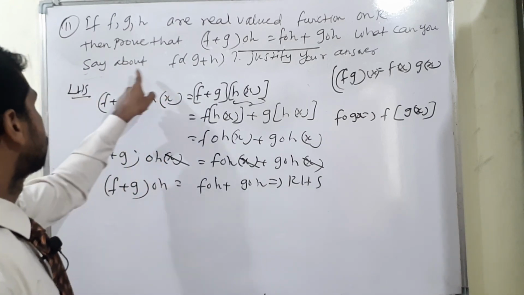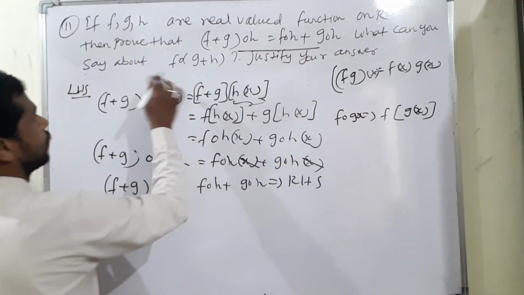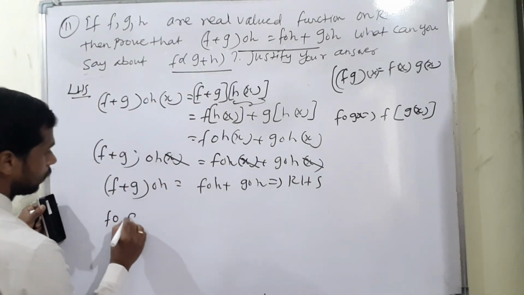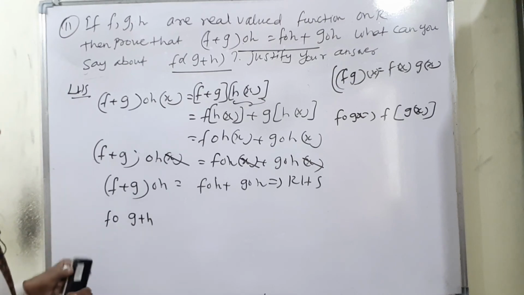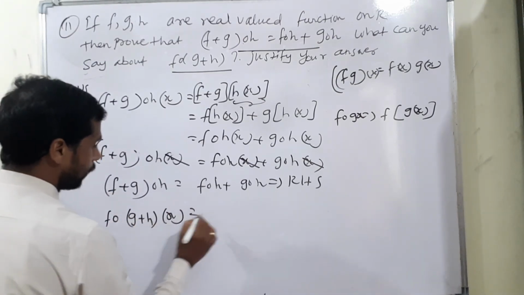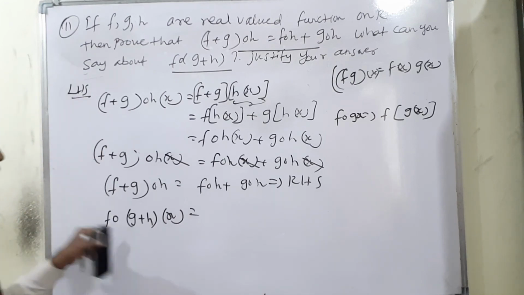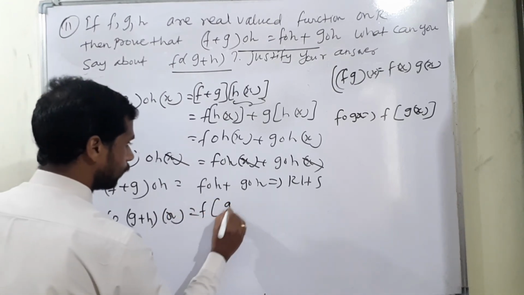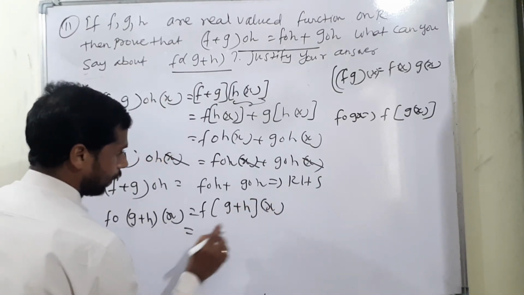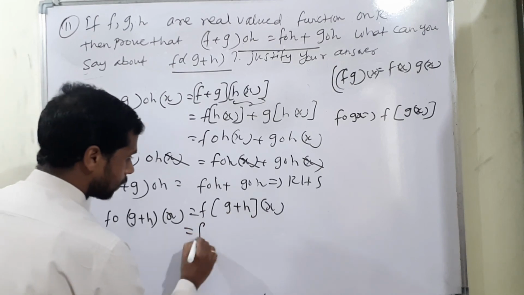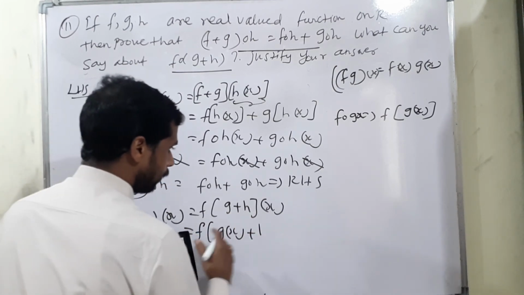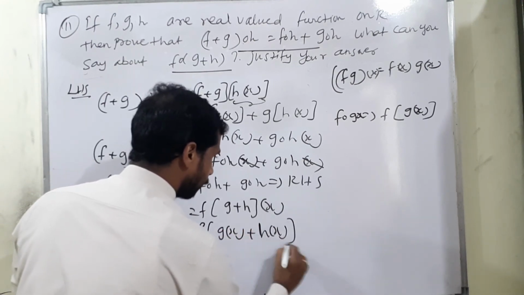Then one more condition is given. What can you say about this value? Okay, what is the term there? f dot g plus h is there, isn't it? So f dot g plus h. Take it outside, again if you remove the dot, what will happen? f of g plus h of x. Again, each and every time multiply into x means f of g of x into h of x.